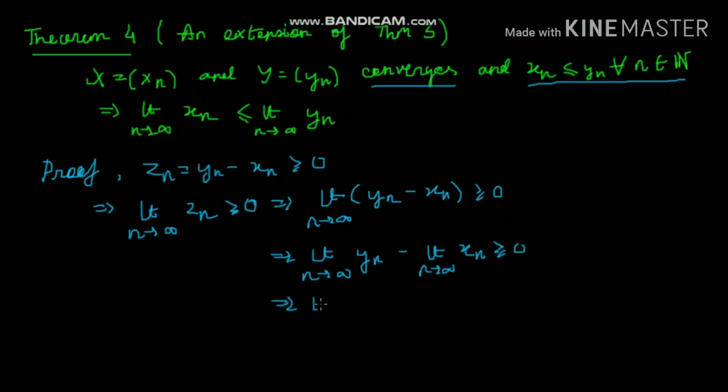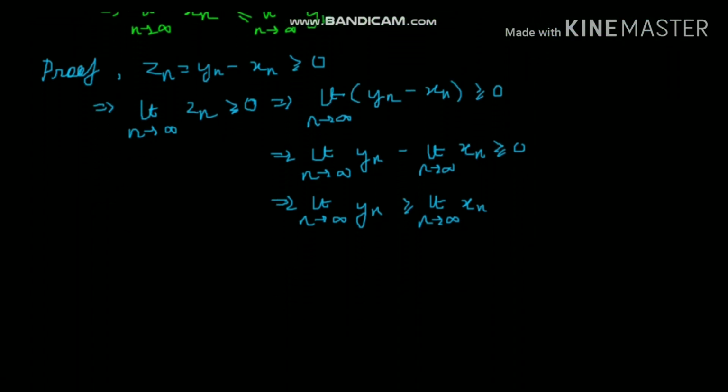So definitely limit as n tends to infinity of y of n is greater than or equal to limit as n tends to infinity of x of n. Again a very simple proof. As I told you, it was just an extension of theorem number 3.